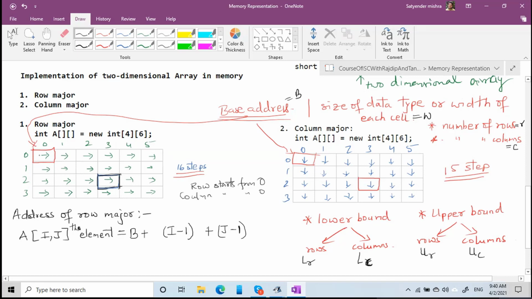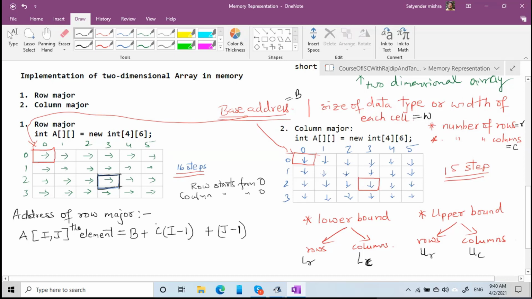And now to reach here, how many columns do I have to traverse, right? So I have to multiply this value with the number of columns, okay?